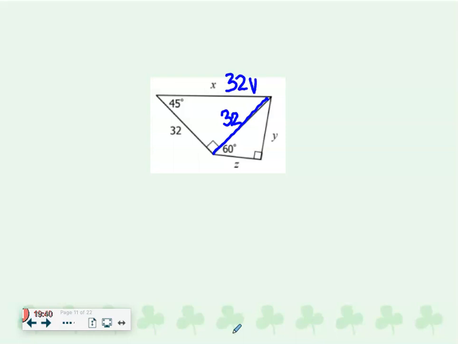Okay. How can we find our short side now? The short side's Z and that's 16. So it'd be half. Half of 32 is 16. And then our long side would be 16. Okay, that's a lot of fun.